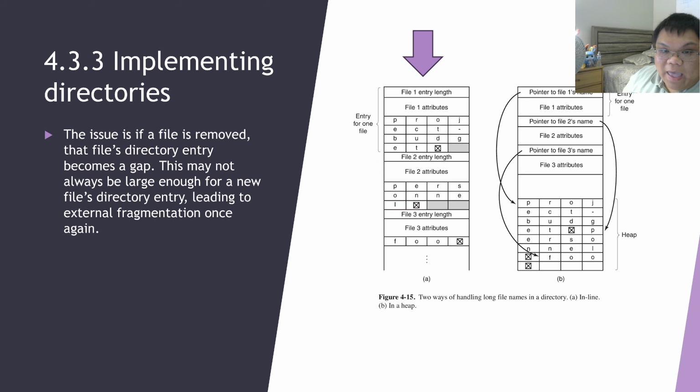We now have the same issue of external fragmentation once again. We had external fragmentation on the level of processes in memory. We had external fragmentation on the level of files stored on a disk. Now we have external fragmentation on the level of directory entries for a file system. What the heck?